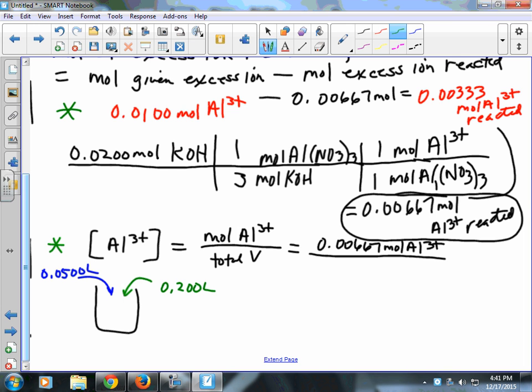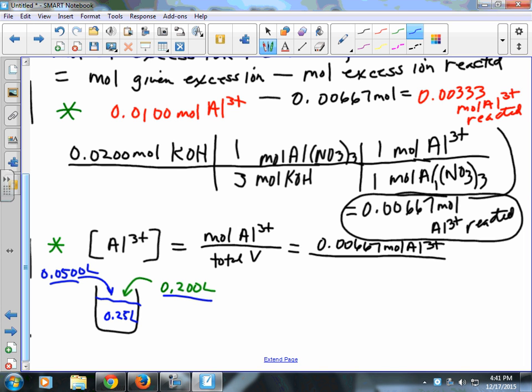So what would be the total volume? You add these two together, and we have a total volume of 0.25 liters. This plus this.